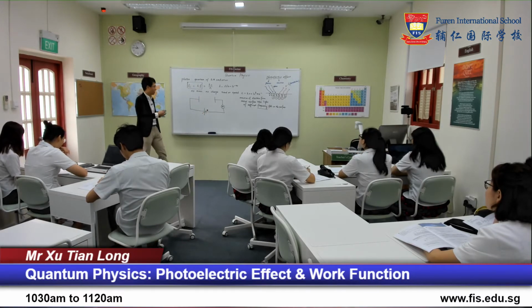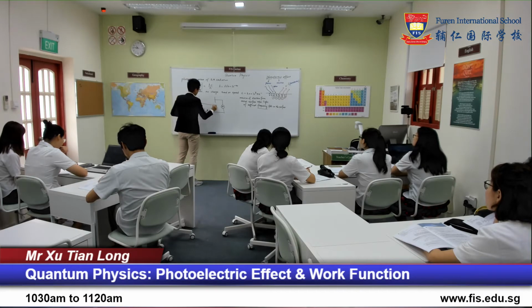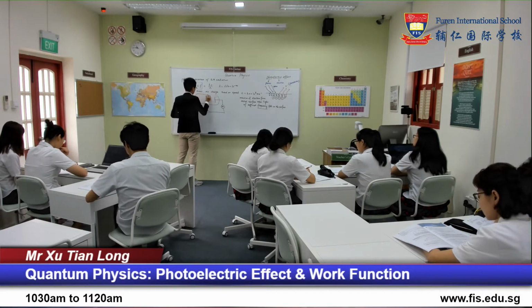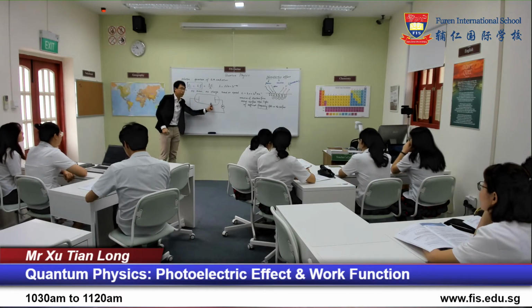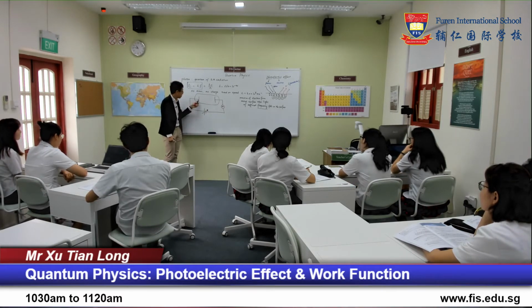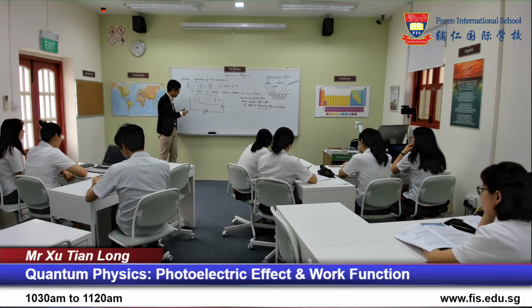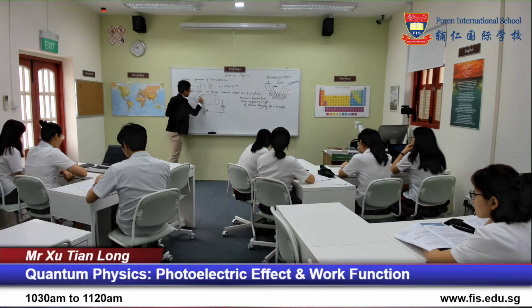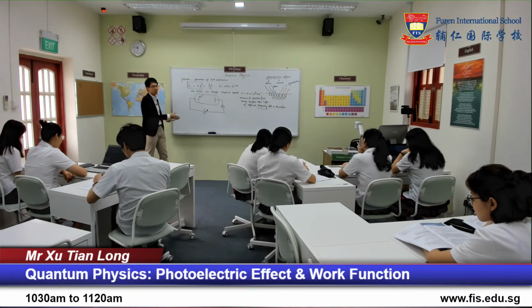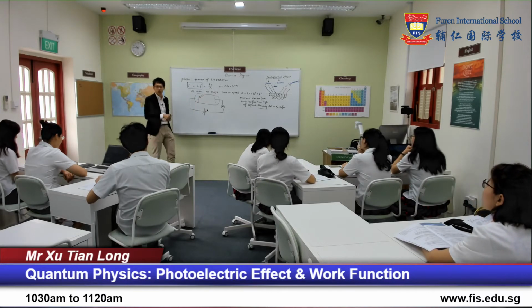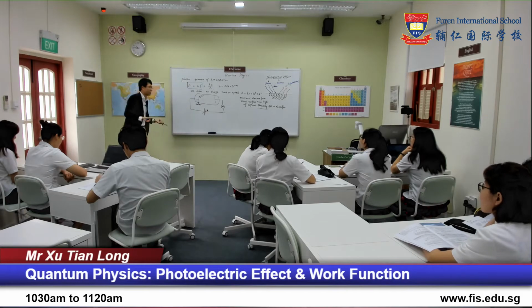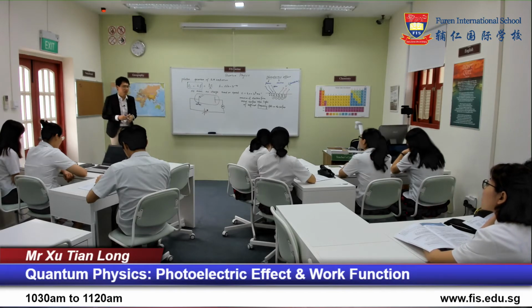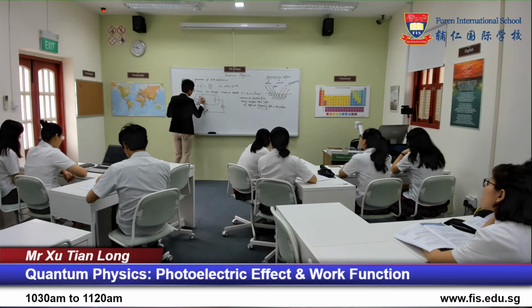And we have a chamber. And you can see there are two plates in the chamber. Can you tell me what are the name of the two plates? For example, if the light shine on this surface, then this one we call it emitter, because this is the one that emit the electrons. So electrons are emitted.